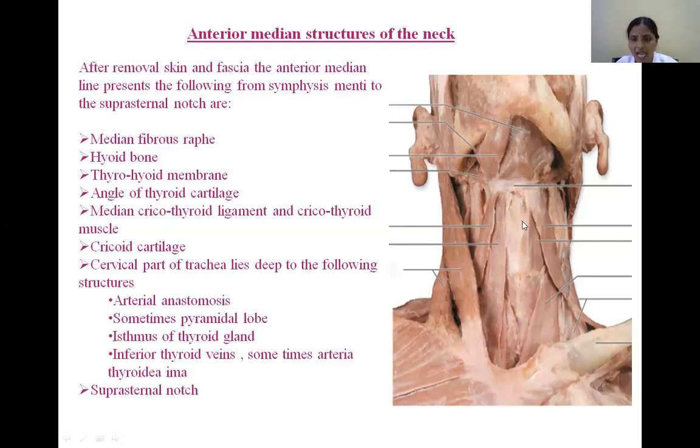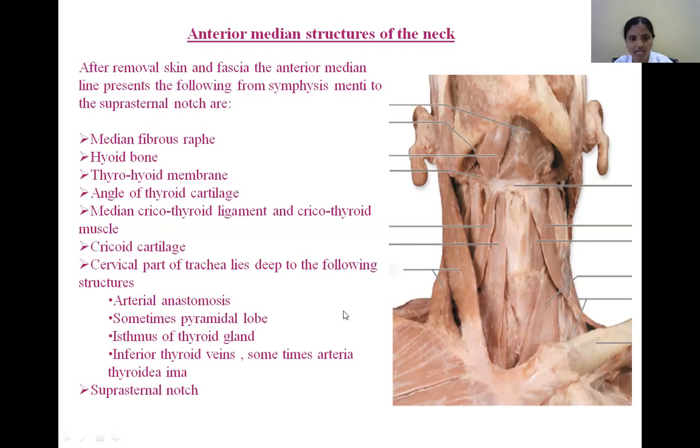That is the cricoid cartilage at the level of the sixth cervical vertebra. Between thyroid and cricoid, what is that membrane? Cricothyroid membrane. And beyond that is the isthmus of the thyroid gland. And above that you see on either side a bilateral muscle, the cricothyroid muscle.